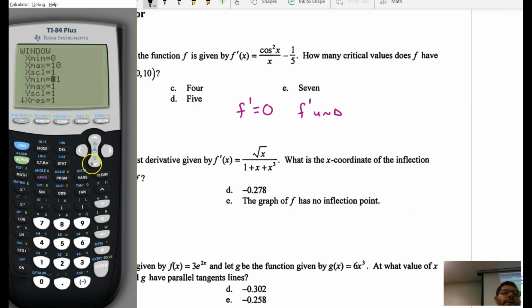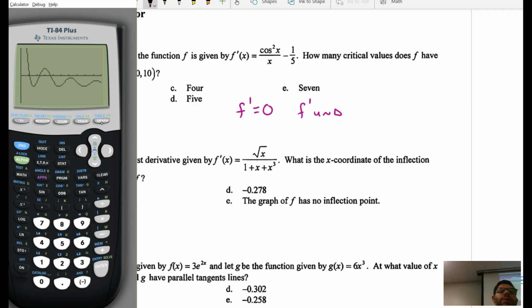Let's adjust our window to be -0.5 to 0.5, so that we zoom in a little bit, and if this is not good enough, then we can zoom in a little bit more. And so now we can tell that that other point is not touching the x-axis, so there are 3 points where f prime is equal to 0.